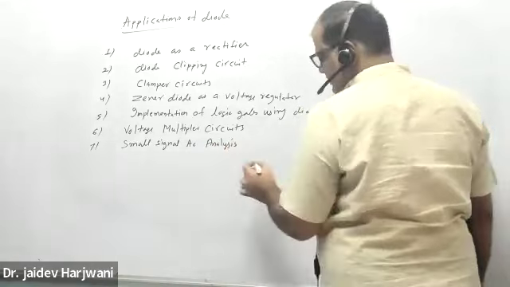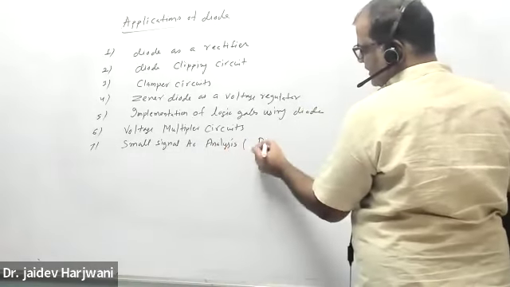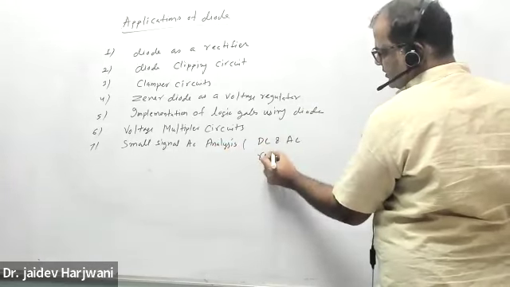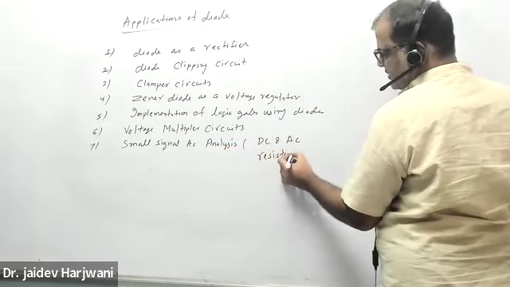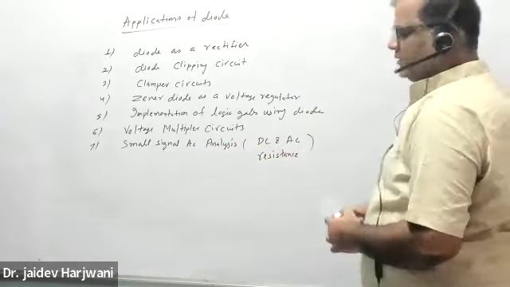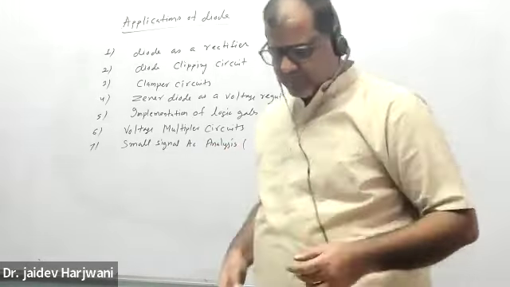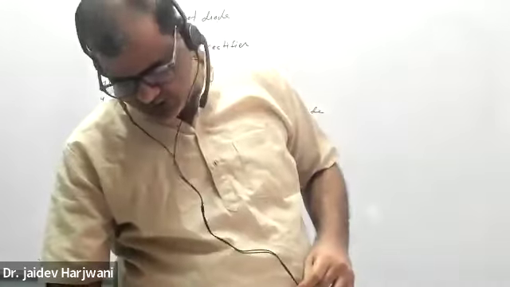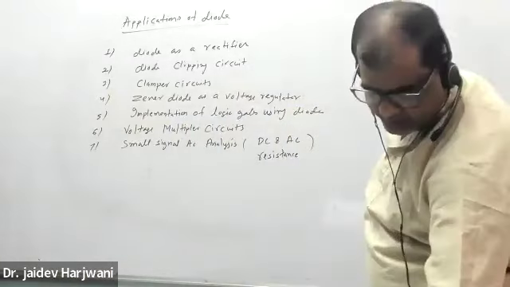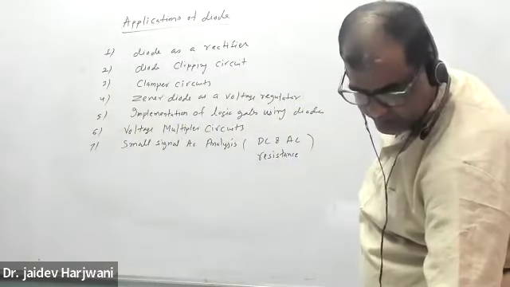Here we will discuss DC and AC resistance of diode. So these are some applications which we are going to discuss. Now we'll take each application at a time and then we will continue.